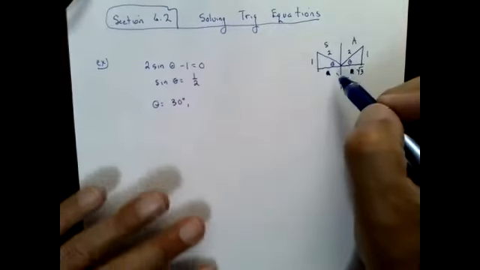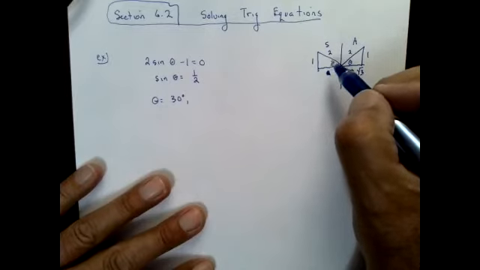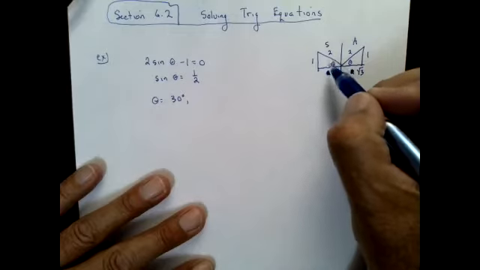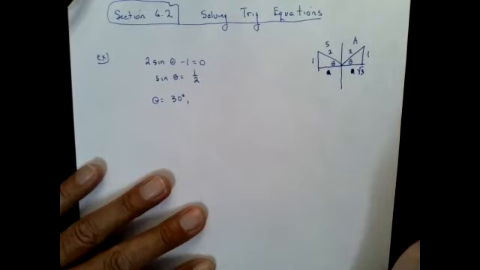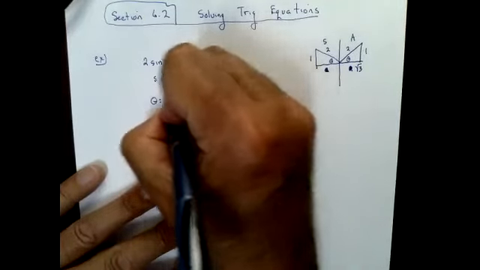And when I go out here into the second quadrant, I'm using a reference angle of 30. Again, reference angle of 30. So my second solution would be 150. Very good. 2 answers.